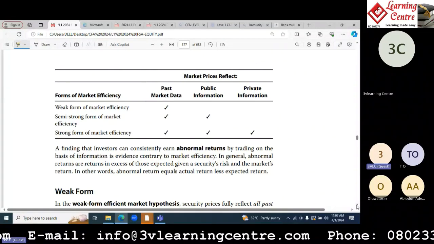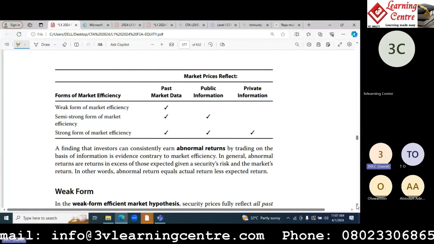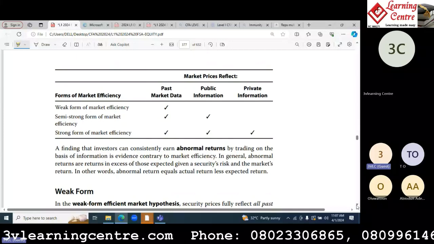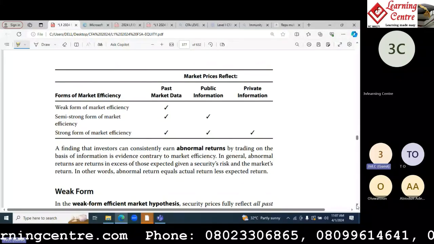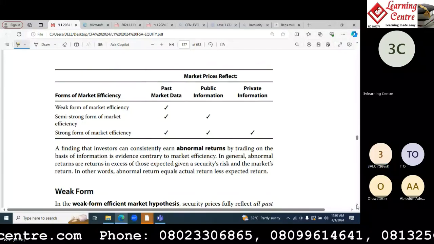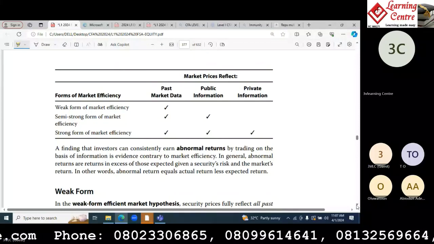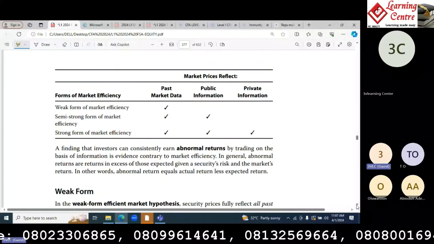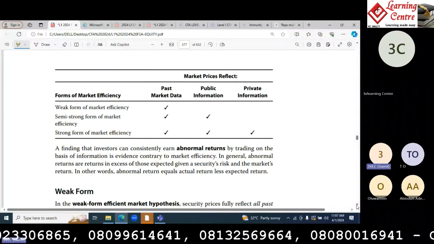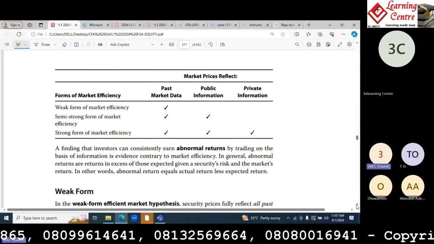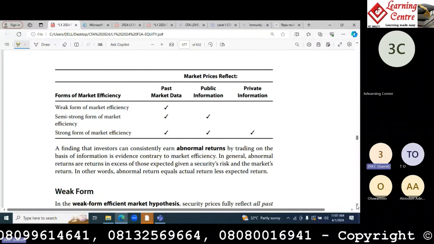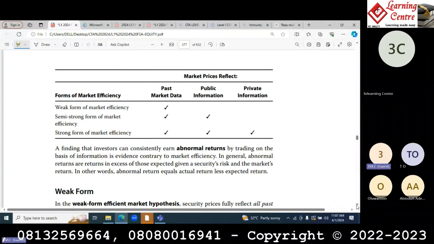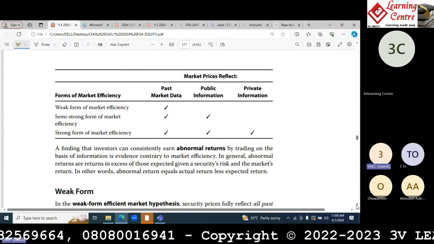In the weak form of market efficiency, the only thing that is reflected in price is past market data. So it is only what has happened in the past that is reflected in price.